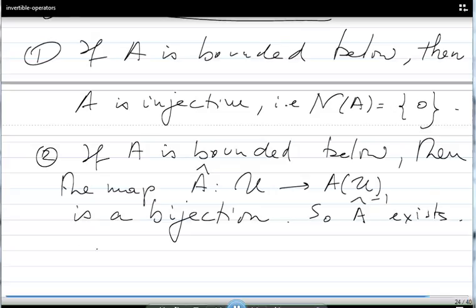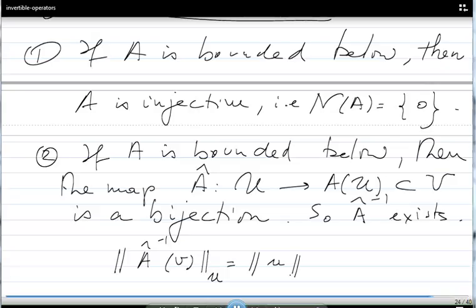And it's easy to see that A hat inverse will go from A of U into U, and A of U is a subspace of V. So A hat inverse of v, where v belongs to A of U, belongs to U. This is equal to a certain u, and what's the relation?